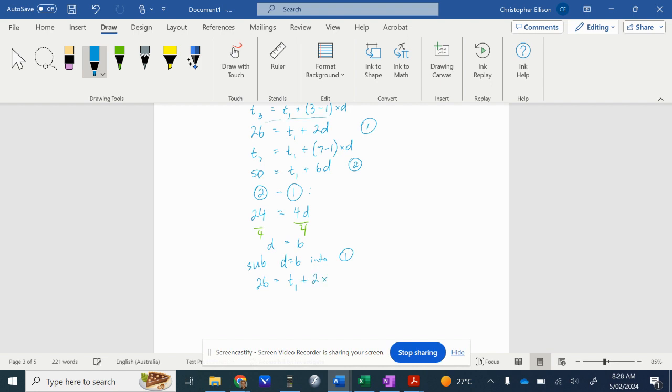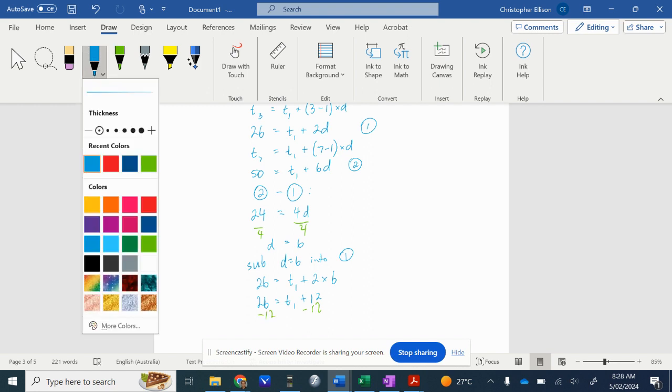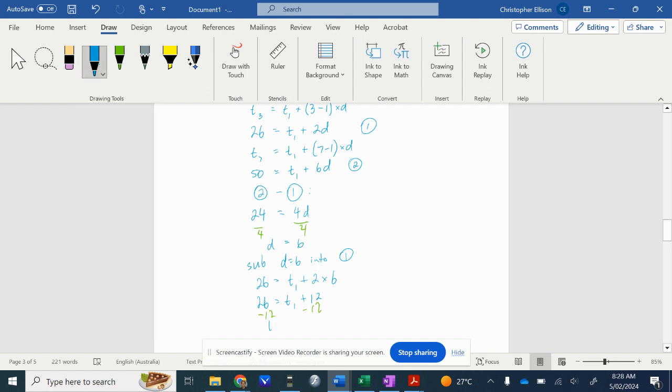All I've done is I've rewritten this, except I now know that d is 6. And now it's an equation to solve, so it's 26 equals T1 plus 12. We've got to get rid of the add 12 by subtracting 12 from both sides. And so our T1 is 26 minus 12, which is 14.